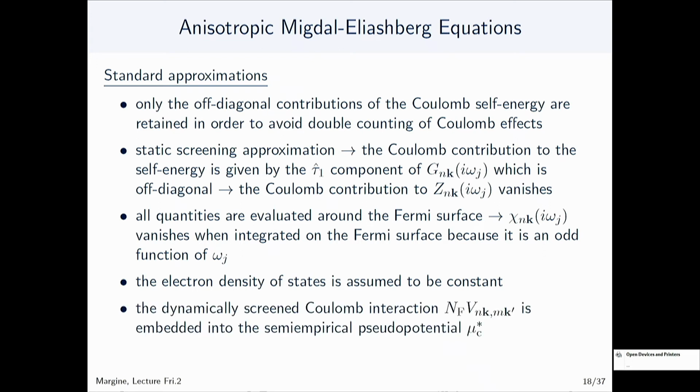And finally, the current implementation in the EPW is based on the following approximation: that the dynamically screened interaction will be embedded in this semi-empirical pseudo-potential mu star. However, as I will show towards the end of the talk, in principle we can still calculate this mu star outside EPW ab initio, but it is provided in the equation through a parameter.